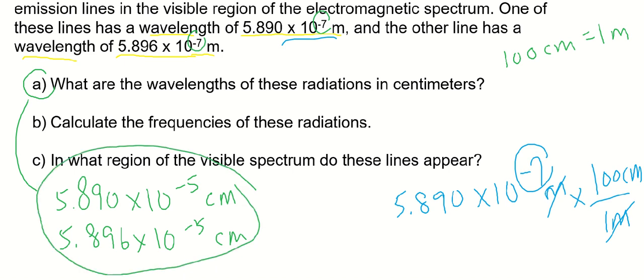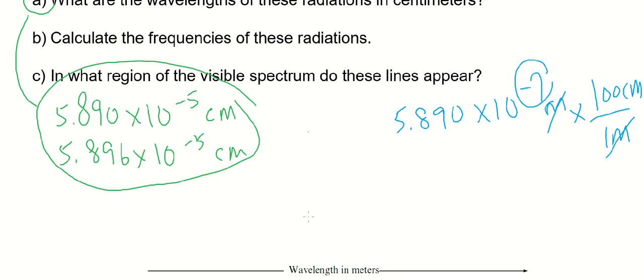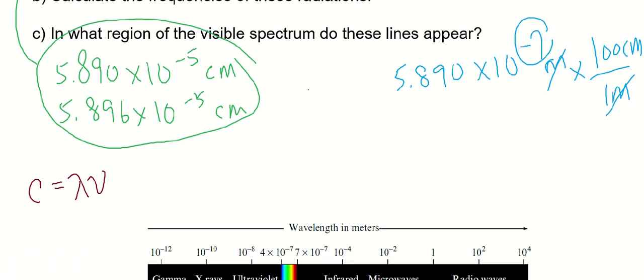Now part B, calculate the frequencies. So we have this relationship where the speed of light is equal to the wavelength, which we are given, times the frequency. So let's rearrange this algebraically, save us a little time. So frequency, divide through by wavelength, you get the speed of light over wavelength.